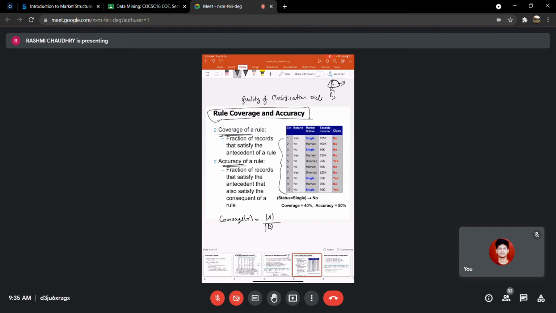Coverage of a rule: how many records are actually matching. Similarly, accuracy gives the fraction of records which satisfy the antecedent that also satisfies the consequent. Both things should be matched.